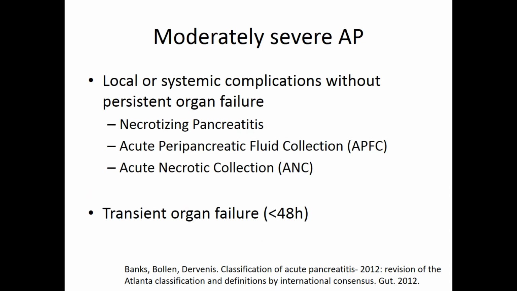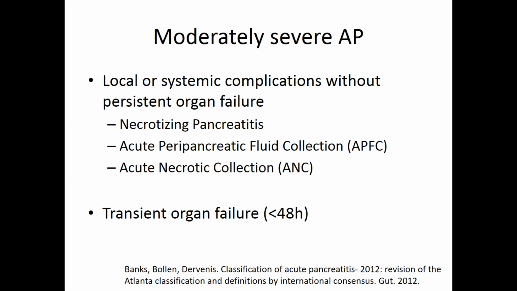We consider moderately severe acute pancreatitis, based on the revised Atlanta classification, as the presence of local or systemic complications without the presence of persistent organ failure, which is defined as organ failure lasting more than 48 hours. A patient with necrotizing pancreatitis may also have acute peripancreatic fluid collection, so this is acute fluid collection around the pancreas, and also acute necrotic collection involving the pancreas or the peripancreatic tissue, but without persistent organ failure.